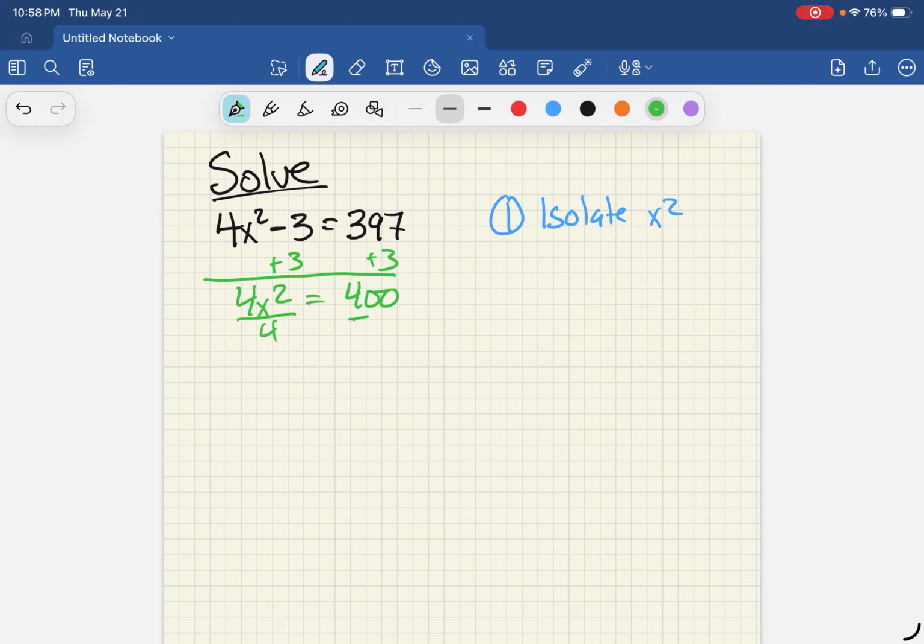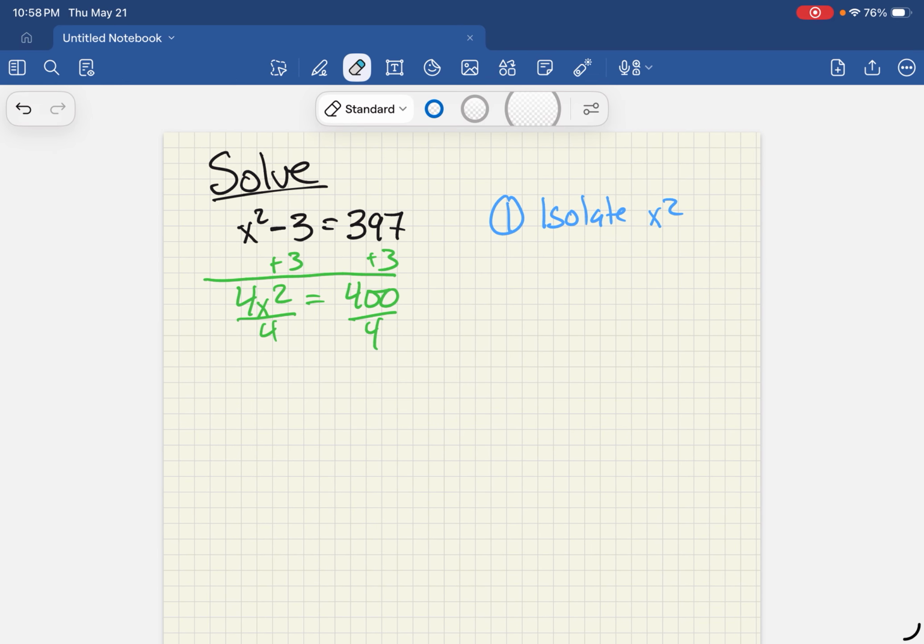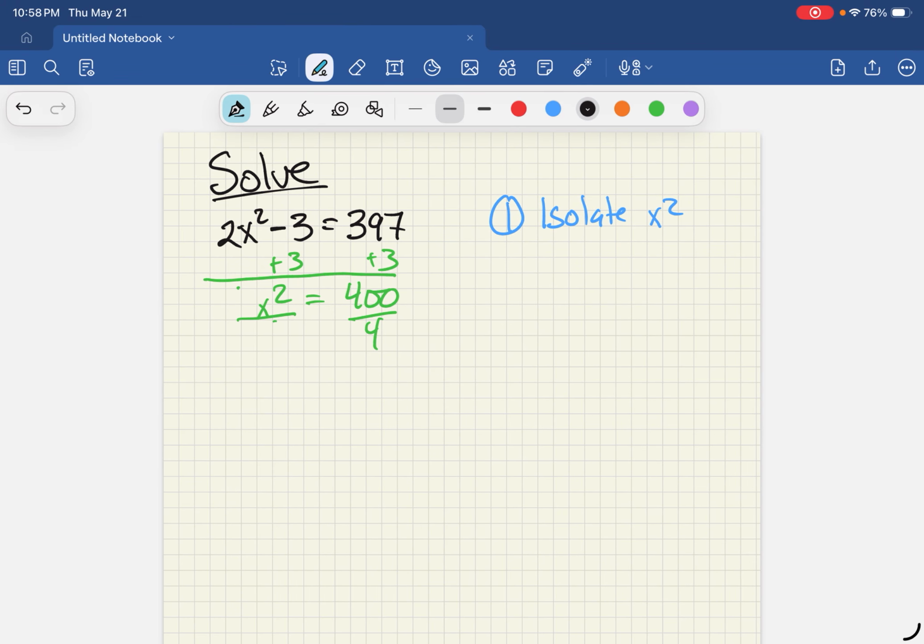I would divide both sides by 4. I'm going to go back and change this problem because otherwise we're going to have a problem exactly like the last one. So I'm going to change that 4x squared to a 2x squared so that I actually have something to show you.